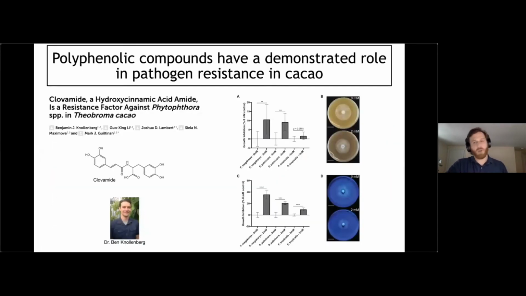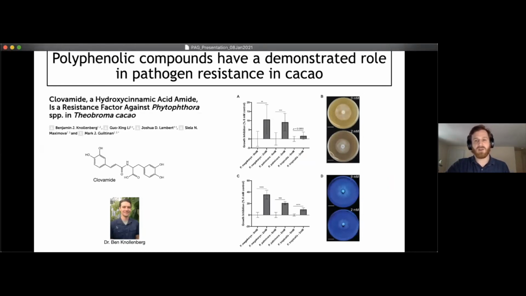And these phenylpropanoid genes were immediately interesting to us for a number of reasons. First, phenylpropanoids and polyphenolics that come from that pathway are well-known mediators of plant defense response, including medicarpin and resveratrol, as well as many others. But they also have a demonstrated role in the cacao Palmivora interaction.